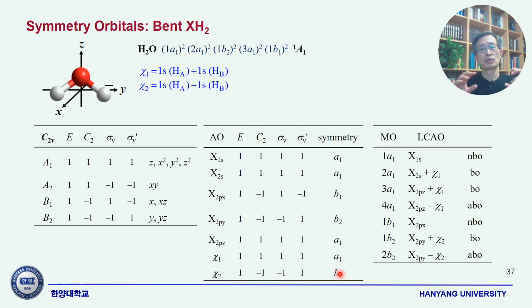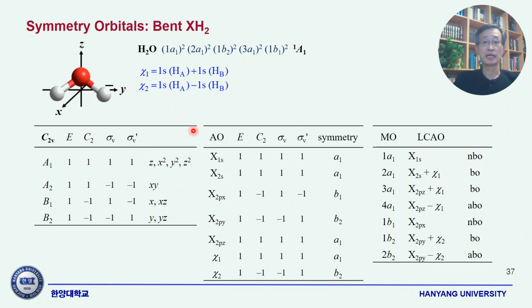Now we do the linear combination of these. We make a combination of these atomic orbitals to generate a molecular orbital, a linear combination of atomic orbitals. And the rule of thumb is that we combine, so-called mix, the atomic orbitals with a similar energy or the same energy.